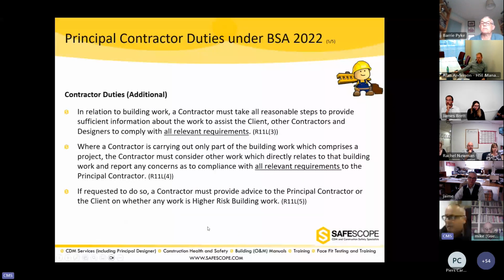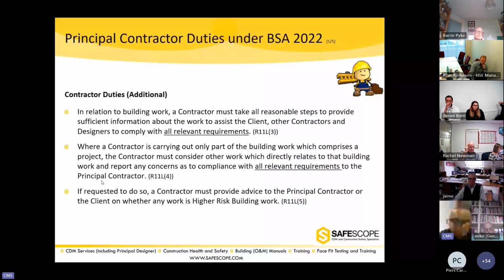And when a contract is only part now, that's where there's a sting in the tail here. Second bullet point, where a contractor is carrying out only part of the building work, which comprises a bigger project, the contractor must consider any other work which is not done by them, but which relates to them, done by others, and report any concerns they have relevant to the compliance with the building regulations.